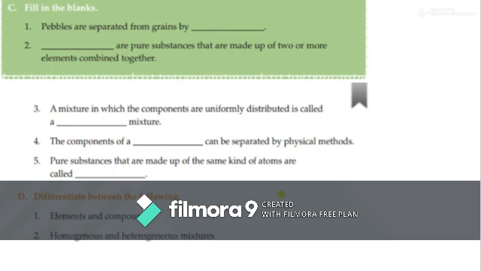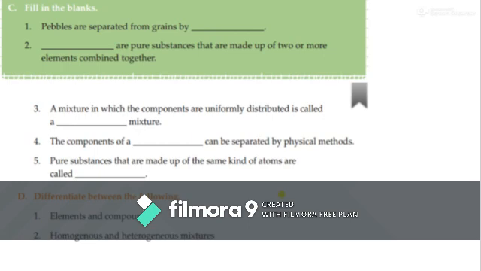You can say black tea. The taste will be the same from the bottom, and you can't separate them with the help of physical means. Homogeneous: no separation layer between them. Heterogeneous, if I talk about, just like buttermilk, where you will find the concentration of the substances at the bottom is very thick, at the top of the glass very less.